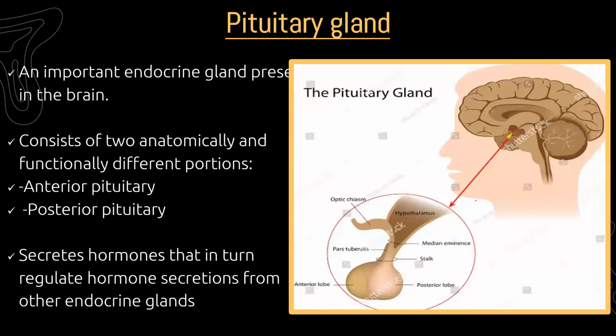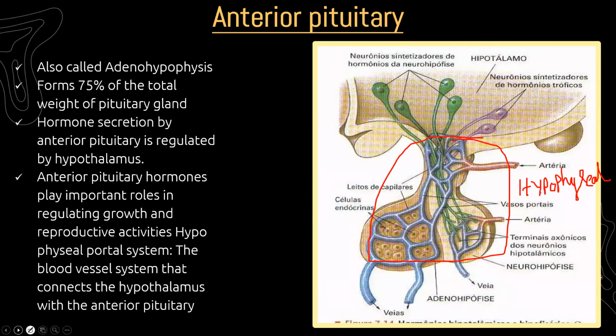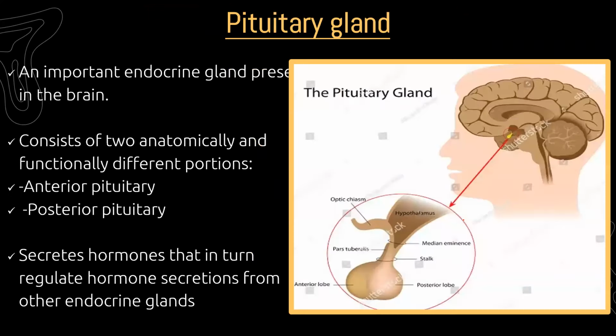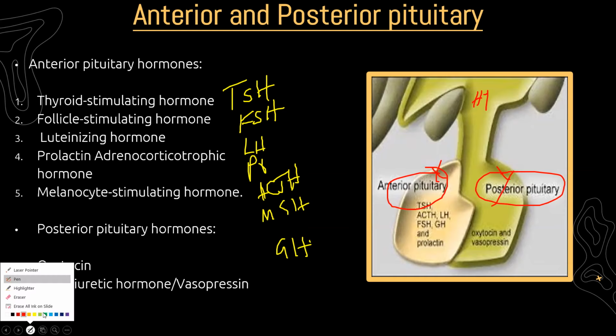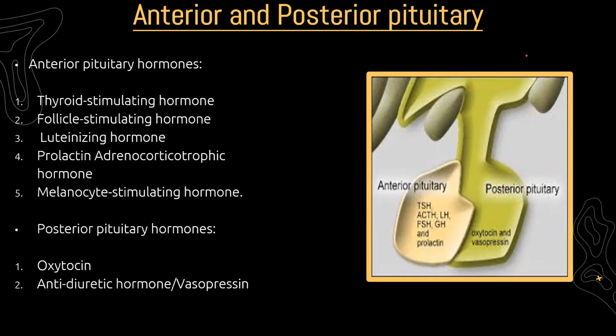We will see that. Now look into this. In the pituitary gland, which part composes the major portion? All students remember: if you take the pituitary gland as 100%, 75% is composed by the anterior pituitary only.